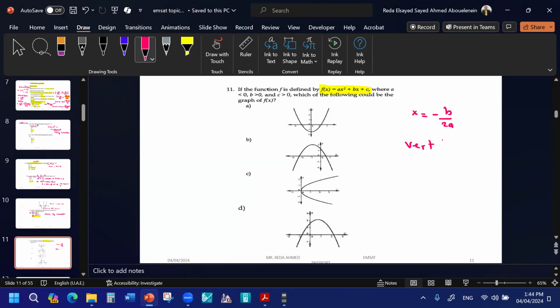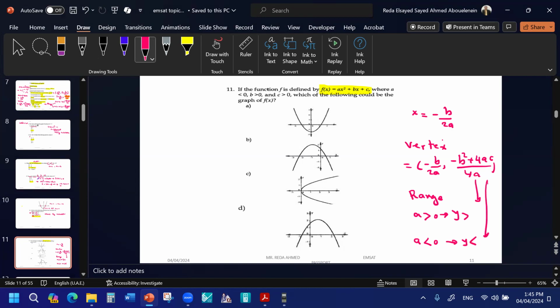The vertex will be -b over 2a and -b squared plus 4ac divided by 4a. As for the range, if a is greater than 0, y is greater than this formula, and if a is less than 0, y is less than this formula.